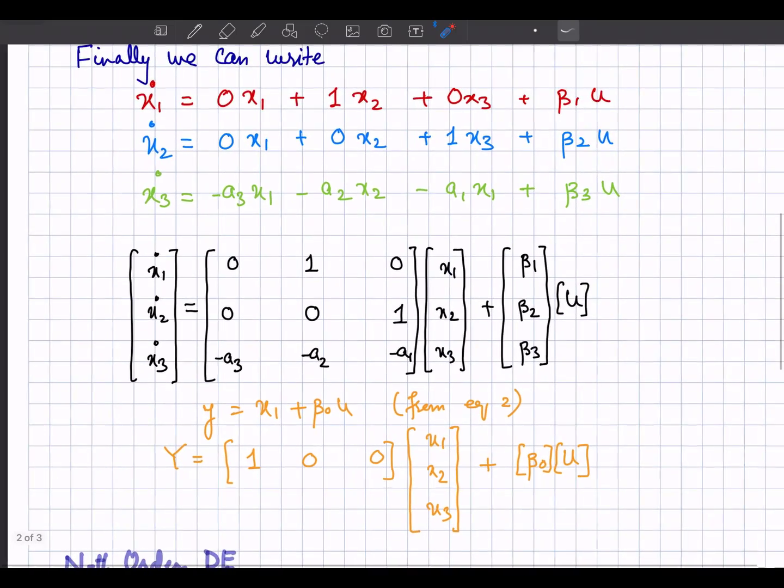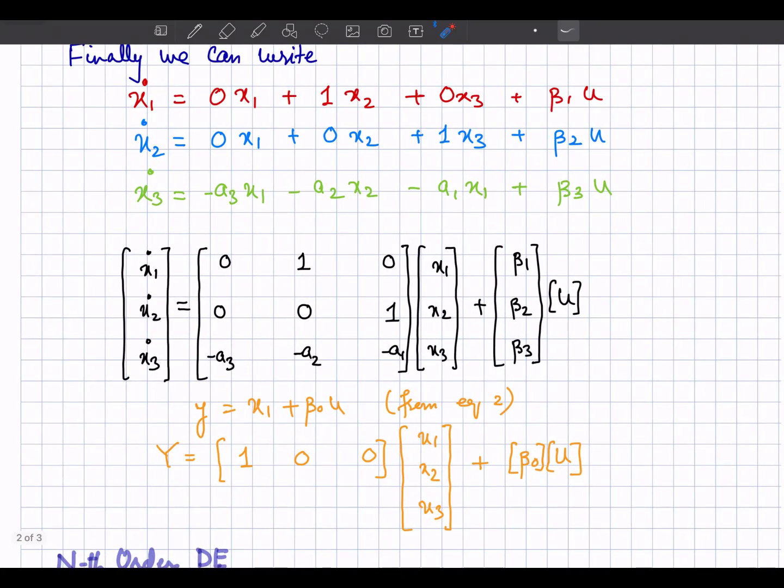Now from these three equations we can write down the state space representation of the system. This is the vector of the derivatives of the state variables, x dot, which consists of three components, x1 dot, x2 dot and x3 dot, which are basically derived from the state variables.